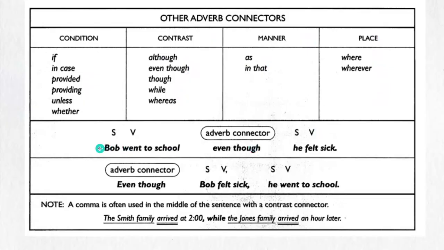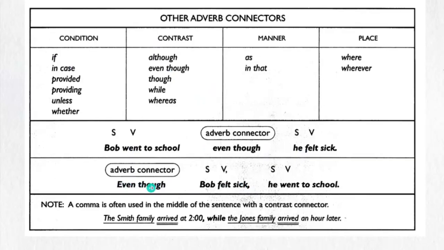If you see, there is no comma here. Bob went to school even though he felt sick. Anytime I come across these connectors, the comma is only used when the connector is used at the beginning of the sentence.